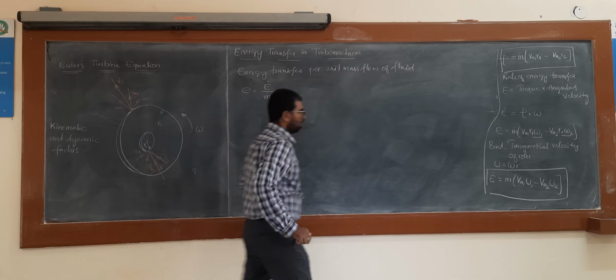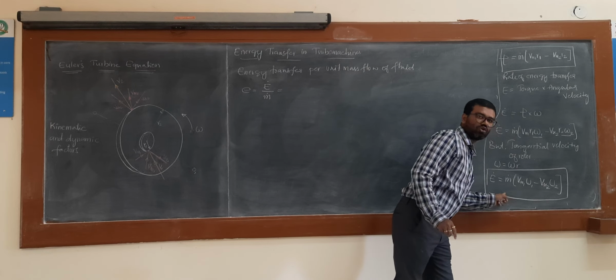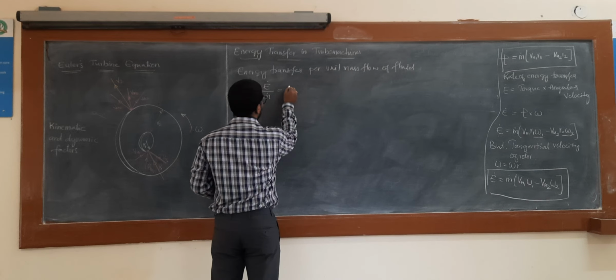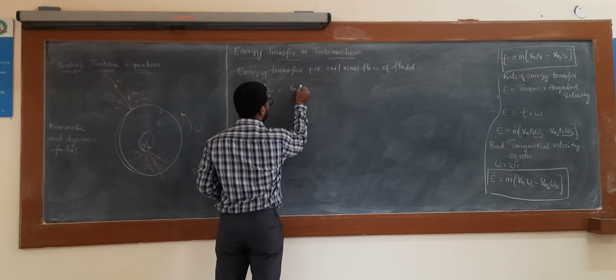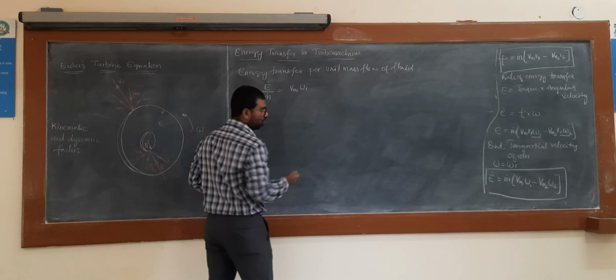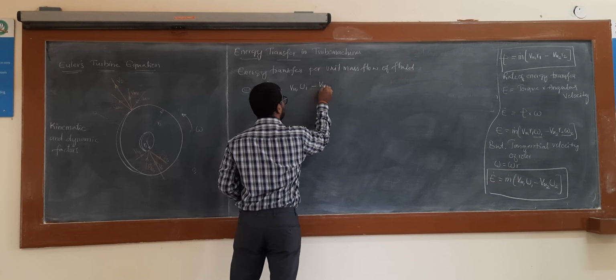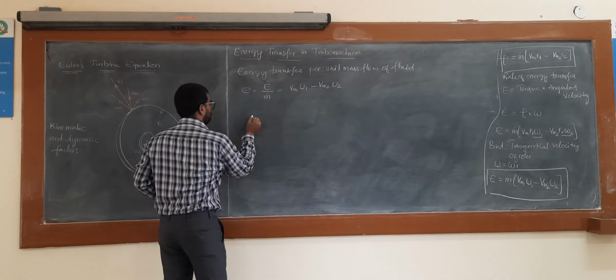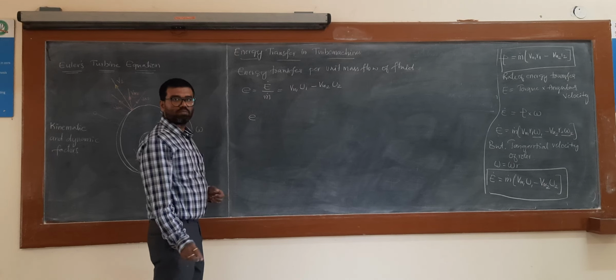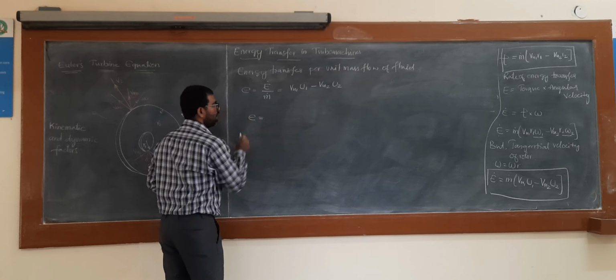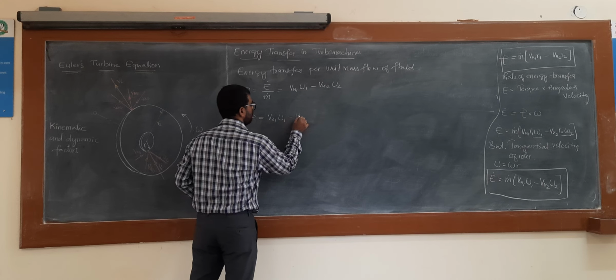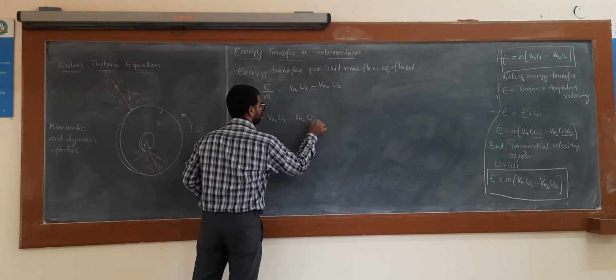Then if you divide this equation throughout by m dot, what you are going to get? VU1 into U1 minus VU2 into U2. So the energy transfer per unit mass flow rate is e equals VU1 U1 minus VU2 U2.